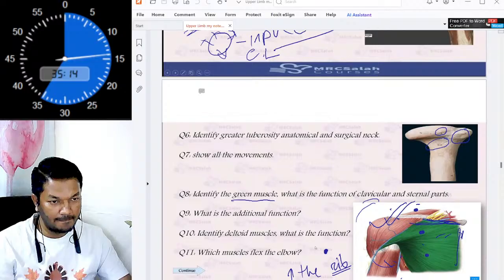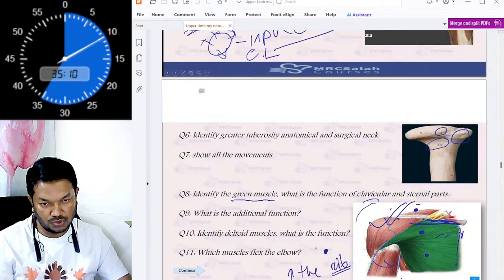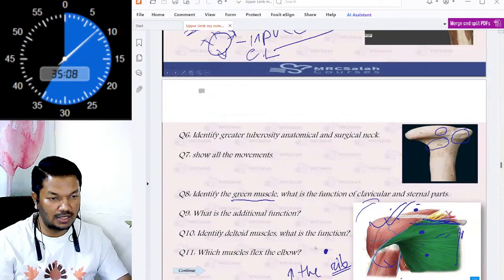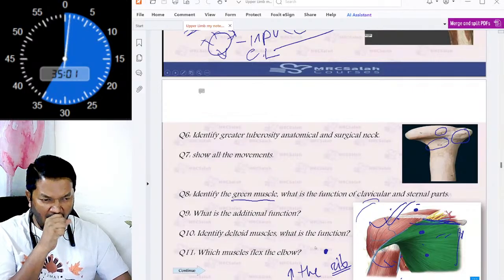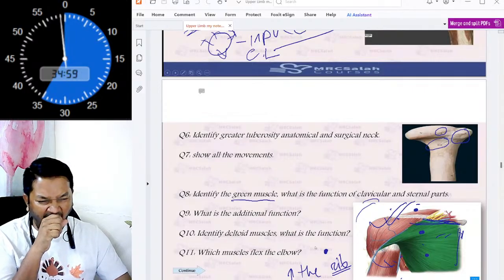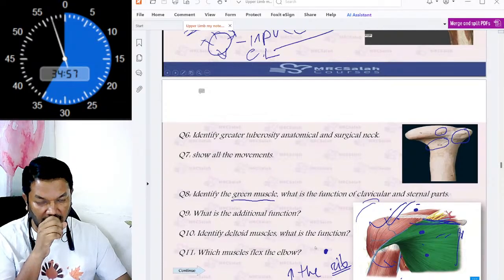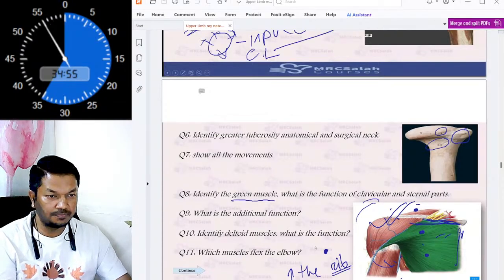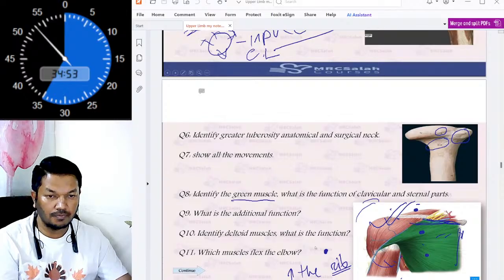It's the pectoralis major muscle. The clavicular part causes flexion of the arm and the sternal part extends the flexed arm. It causes adduction and medial rotation of the arm.